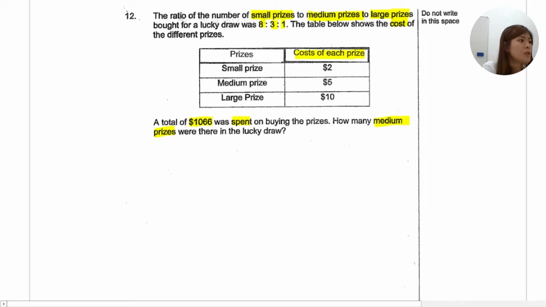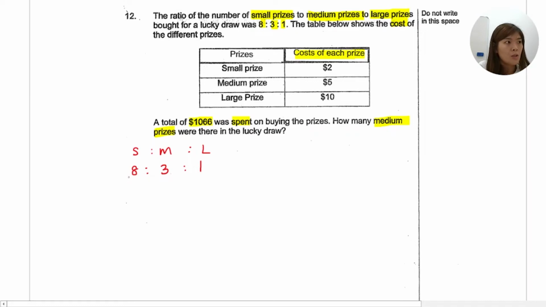Okay, to do this, first we write out the ratio. Small I put S, medium M, large I put L. So 8 is to 3 is to 1. Next, the cost of each prize is $2 for small, $5 for medium, $10 for large, and a total of 1,066 was spent on buying the prizes. So first we convert this number to the cost.